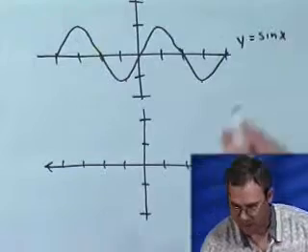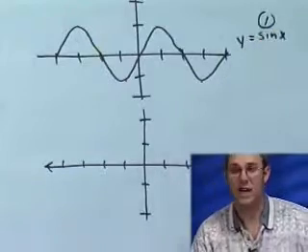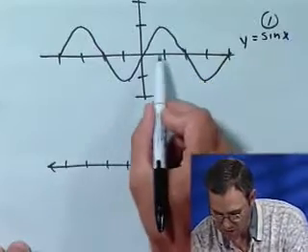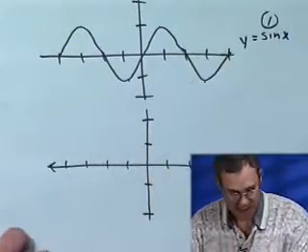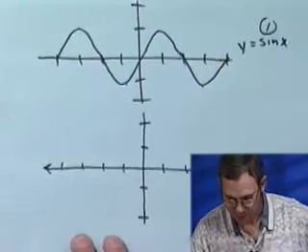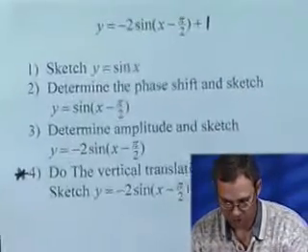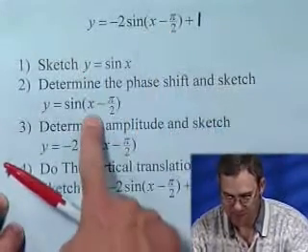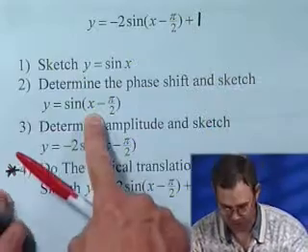All right. Number 1. Let's graph sine x, and I've already done it for you. Remember, these are increments of pi/2 here. So there's sine x. That's kind of our starting point. Step 2, we're going to do the phase shift next. So we're going to go inside and take a look. This means we have to shift it to the right pi/2 units.